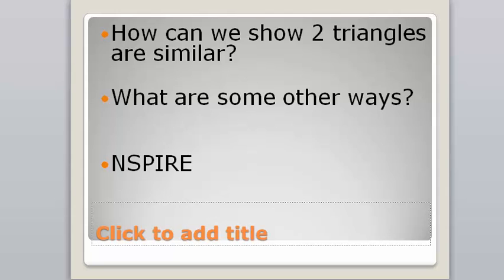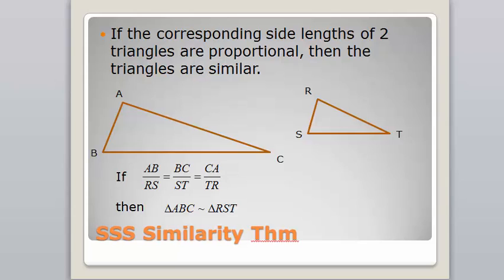So we should have done the inspire activity already, and moving right into it, we should have come up with the SSS similarity theorem. So from the inspire document, we learned that if I have two triangles and all corresponding sides on my two triangles are proportional, then the triangles themselves have to be similar.